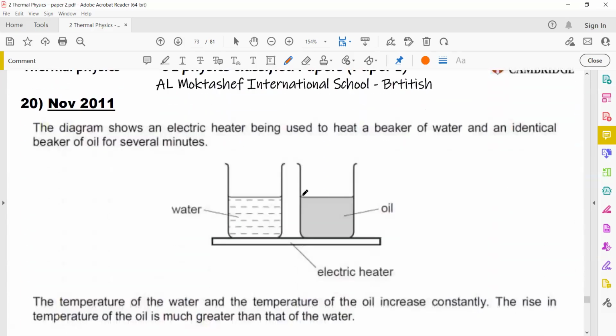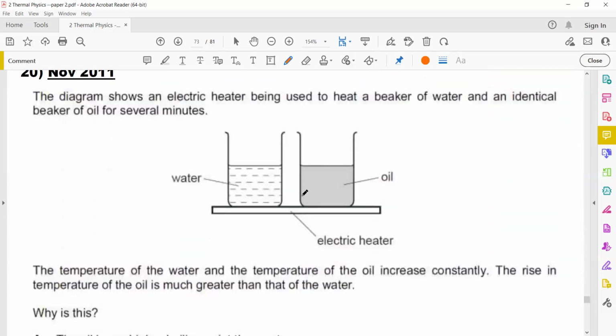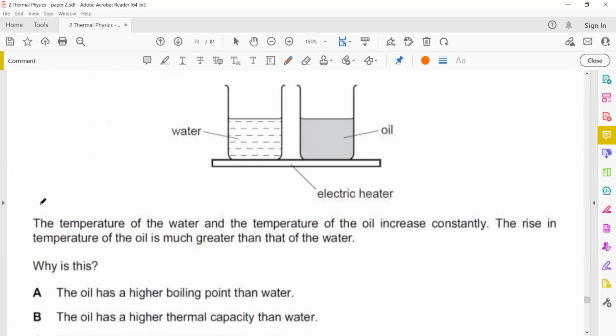Question 20. The diagram shows an electric heater being used to heat a beaker of water and an identical beaker of oil for several minutes. The temperature of the water and the temperature of the oil increase constantly. The rise in the temperature of the oil is much greater than that of water.